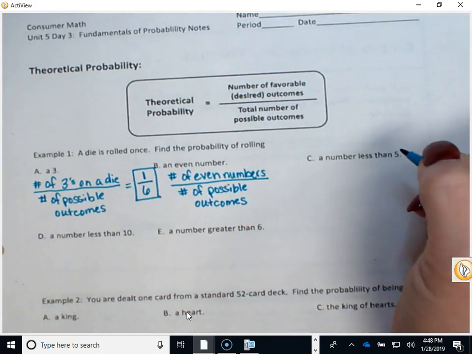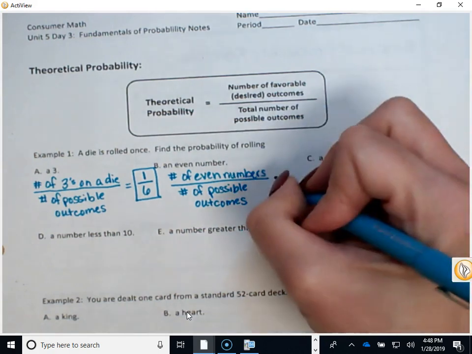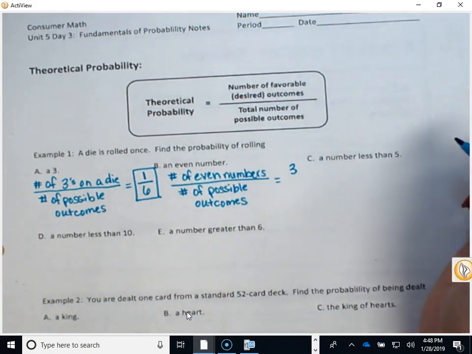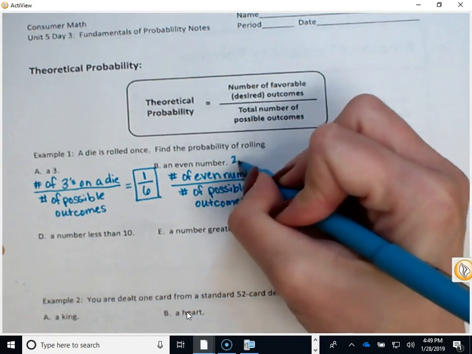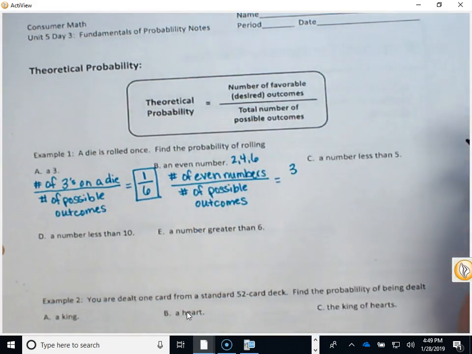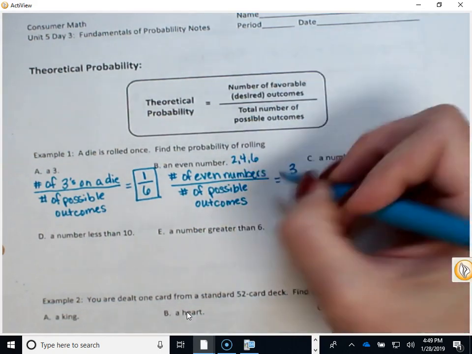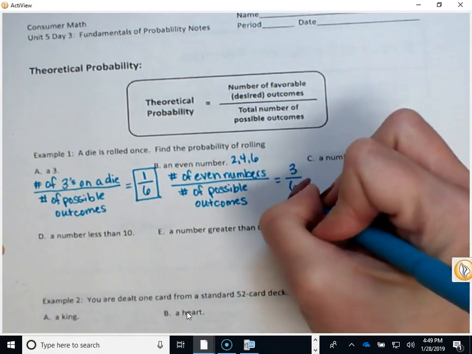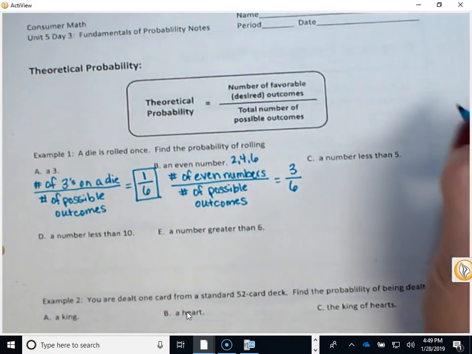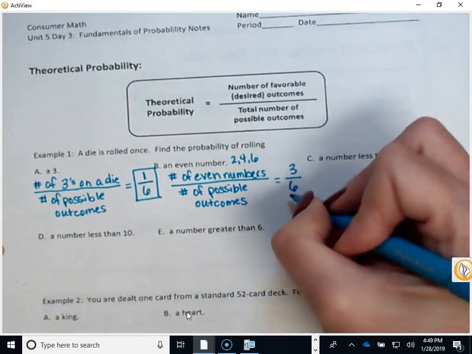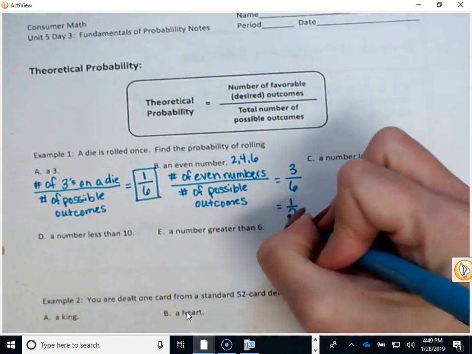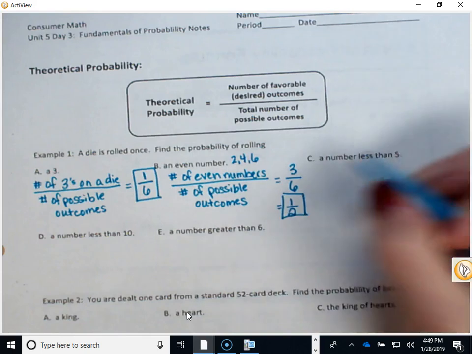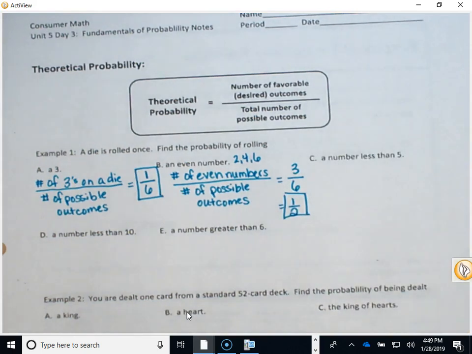So for the number of even numbers on a die, well, we know that there's 1 through 6 on a die, so the even numbers would be 2, 4, and 6. So there are 3, so I'm going to write that out to the side, 2, 4, and 6. So there's 3 even numbers on a die. And then we know there's 6 possible outcomes, 1 through 6. And then you always want to reduce your fraction. So 3/6 becomes 1/2. So the probability of rolling an even number is 1 out of 2.